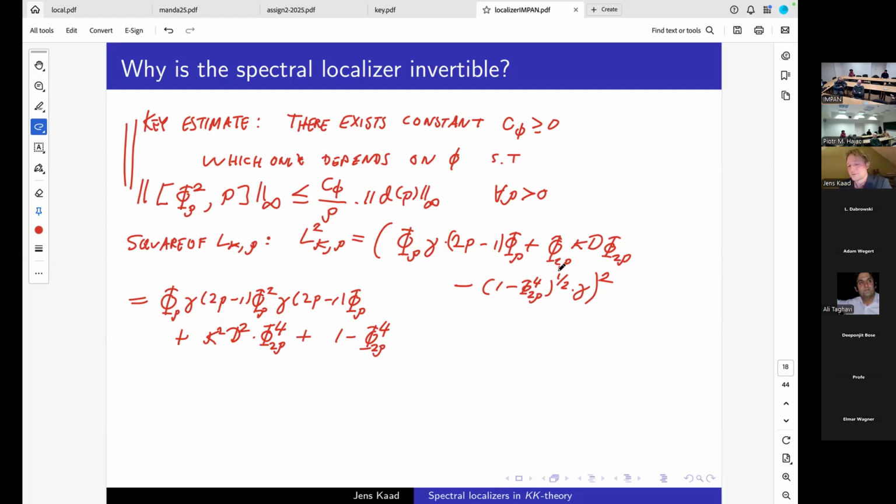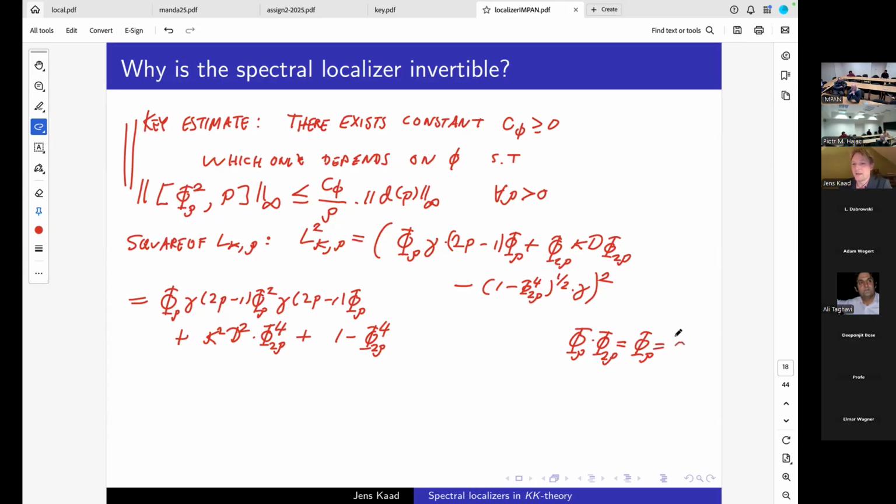And then I have cross terms. First, I have the cross terms coming from terms 1 and 3. But because of the way I chose the localizing function, phi rho times phi 2 rho is actually equal to phi rho. This is because the localizing function has support between -1 and 1, and it's equal to 1 on the interval from -1/2 to 1/2.